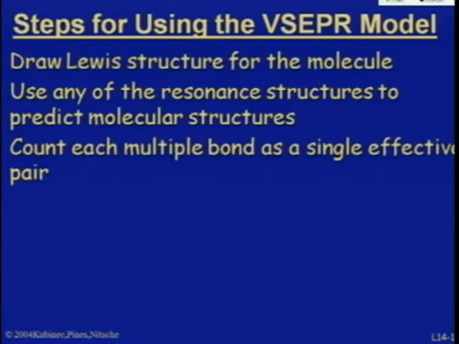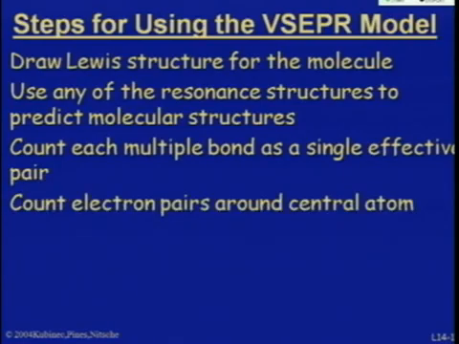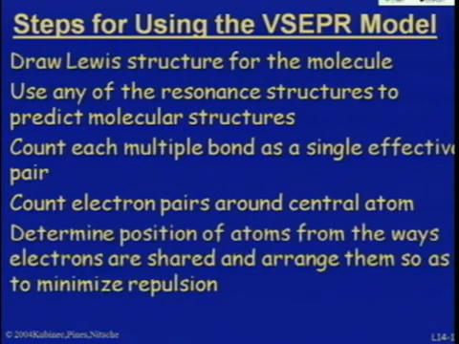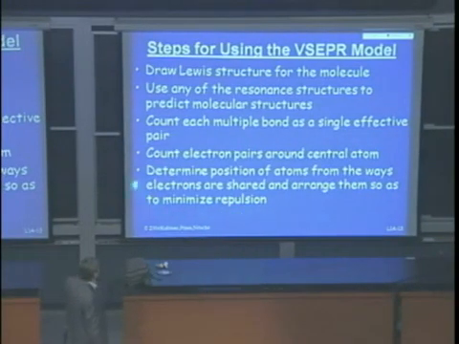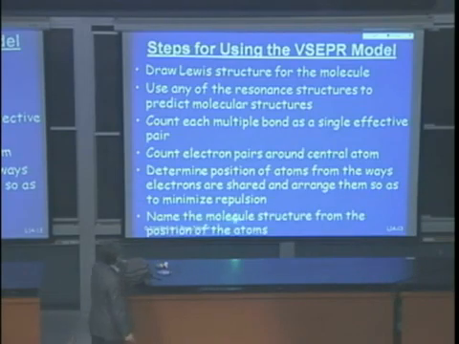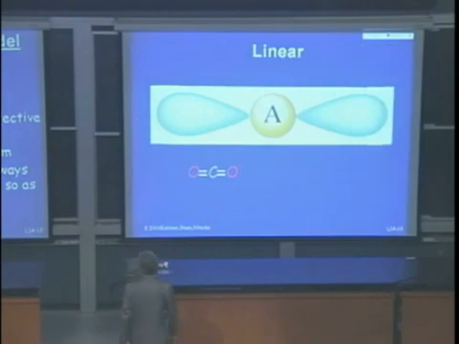So if you have double bonds, you count it as 1 in the steric number. Count the electron pairs around the central atom, the free electron pairs, and determine the position of atoms from the ways electrons are shared and arrange them so as to minimize repulsion. This is something we still need to talk about. Sounds very loaded, but it's not, okay? Name the molecular structure from the position of the atoms. So it could be whatever it is, and you will learn how to do that. So let's go through this.